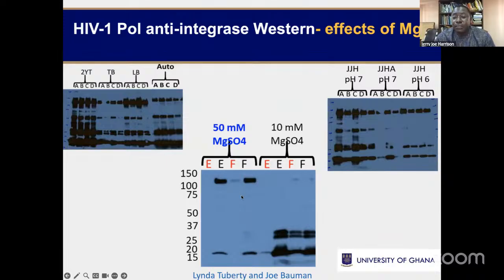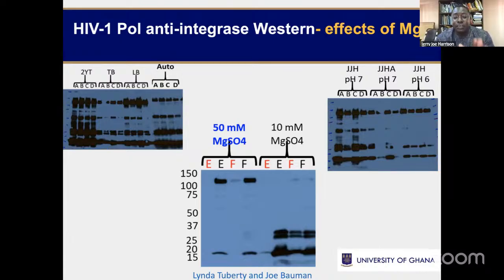And so this is when we knew that the magnesium and the pH are the two most important factors in there. Just for the record, when I formulated the media, I didn't know what the effect of these were going to be. I just figured out that they worked. And so Linda and Joe were more curious to find out what exactly was happening. Was it really the magnesium or the pH or both that are responsible?